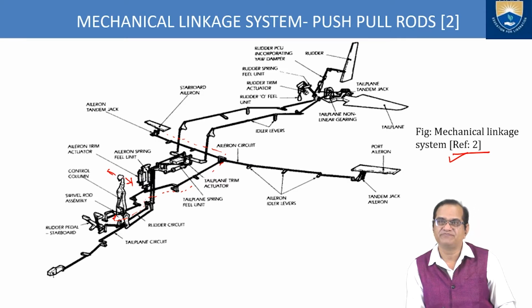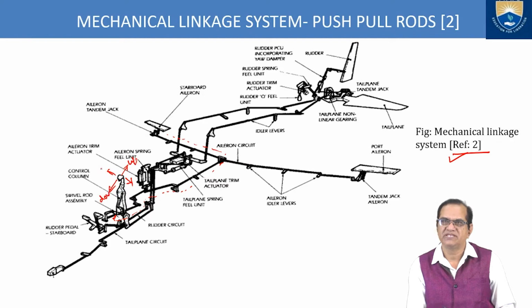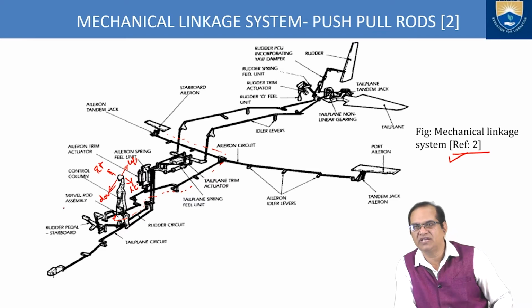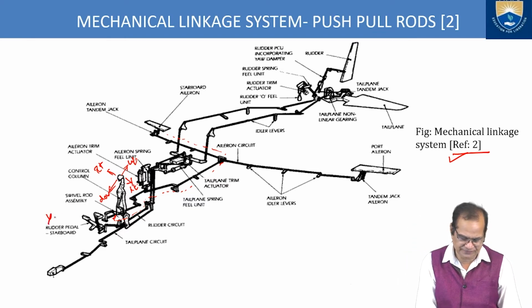But if you want to make pitching, forward and rear, this is nose down and this is up, this is the right and this is the left. I am writing LT, left. And yawing is done by this.